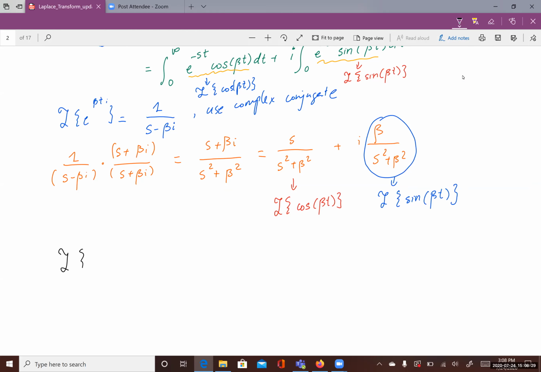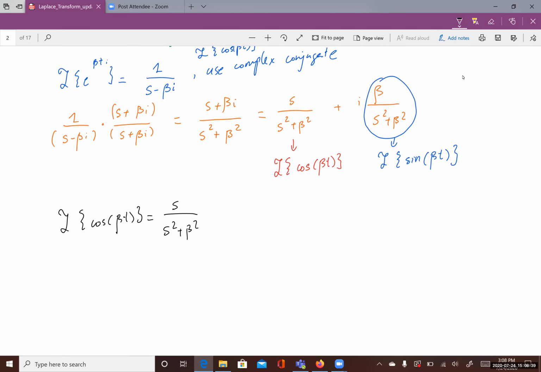So the Laplace transform of cosine of beta t is going to be s over s squared plus beta squared. Okay, and then the Laplace transform of sine beta t is going to be beta over s squared plus beta squared.